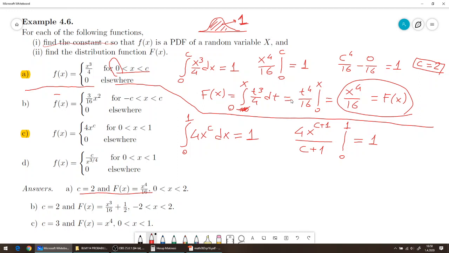Put 1 first for x. That is 4 times, this is 1, I don't have to write, or let's write it, c plus 1 for 1.